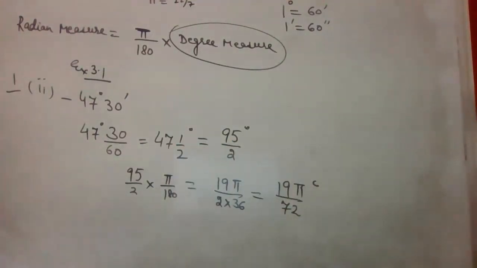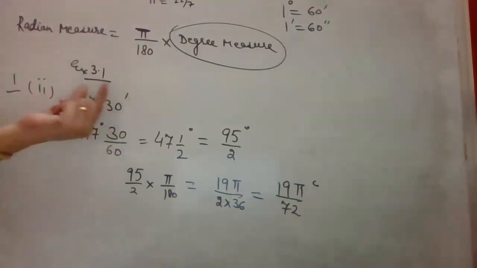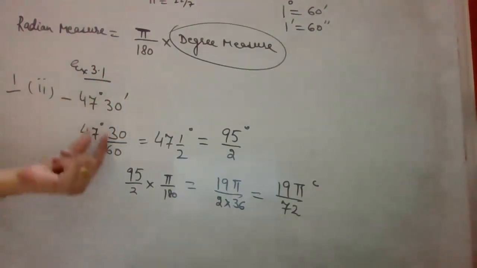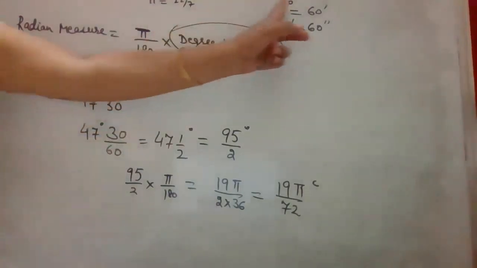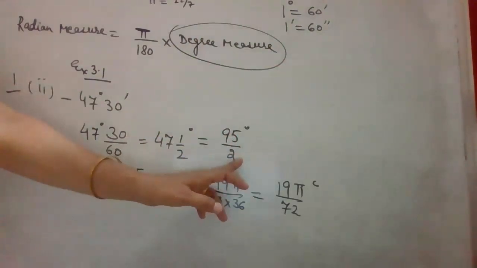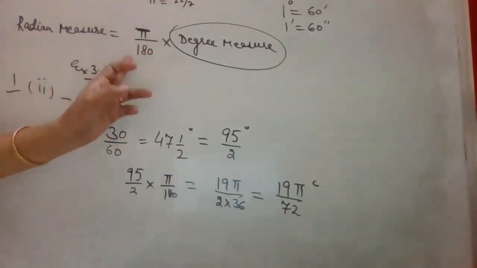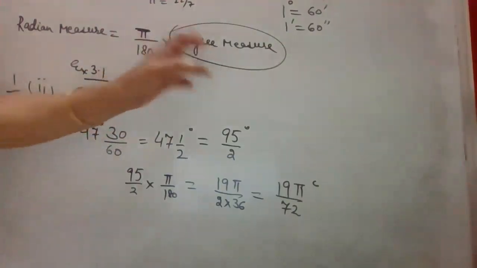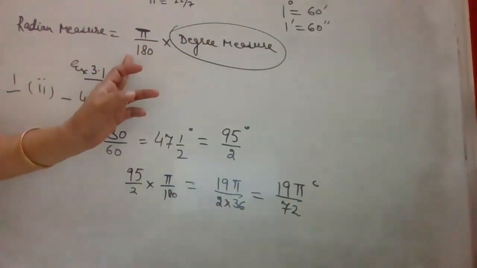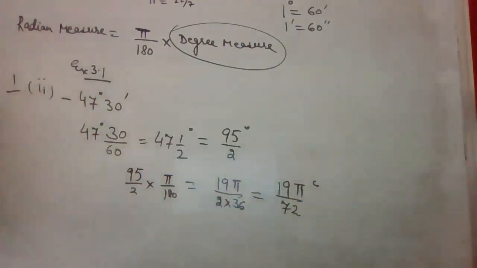What we've done, first of all, whatever minutes are there, you convert it to degrees completely by dividing by 60, because 1 degree equal to 60 minutes. After you have got the pure fraction, you will multiply it by pi by 180 according to this relation. That is degree measure into pi by 180 for the radian measure, and simplifying we get the answer as 19 pi by 72 radians.